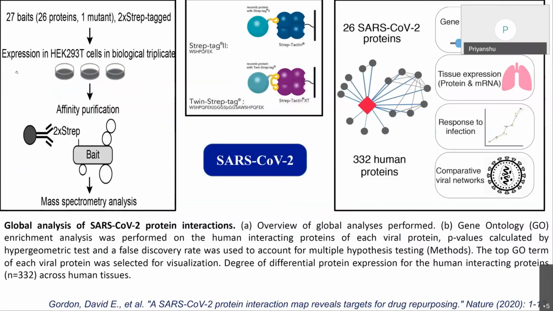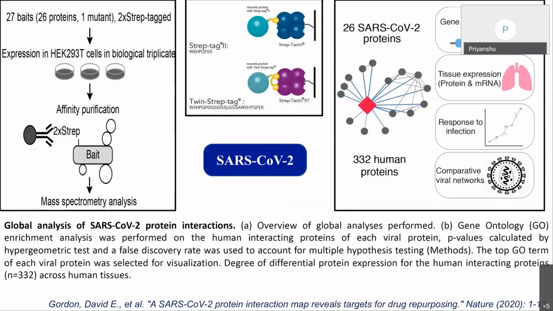They used 26 different proteins of COVID-19, cloned with a 2x Strep tag. This is not completely a co-immunoprecipitation technique, but an affinity purification technique.